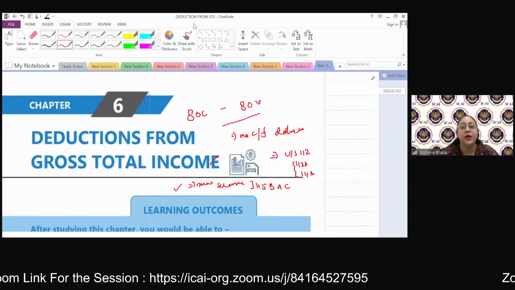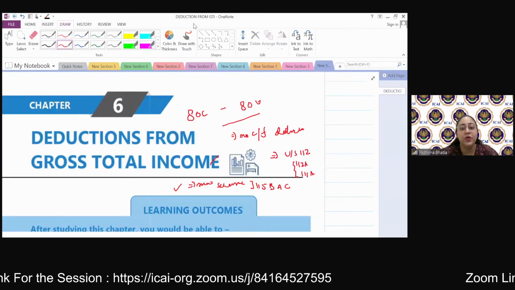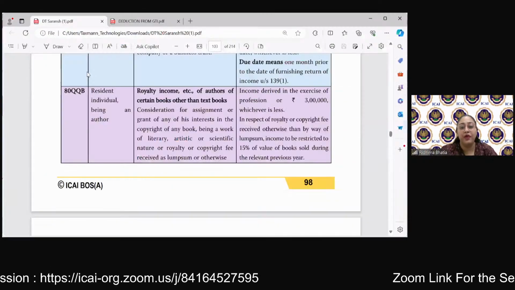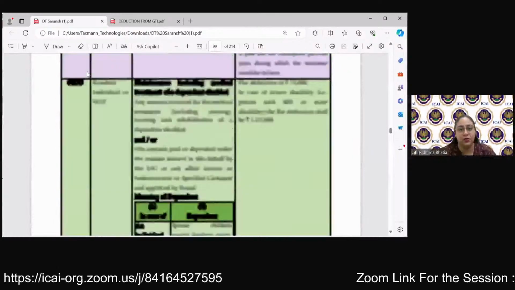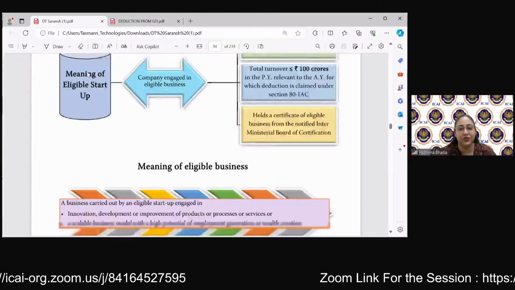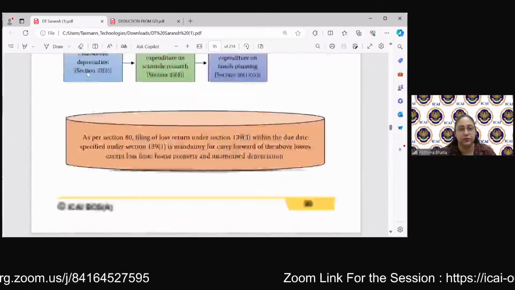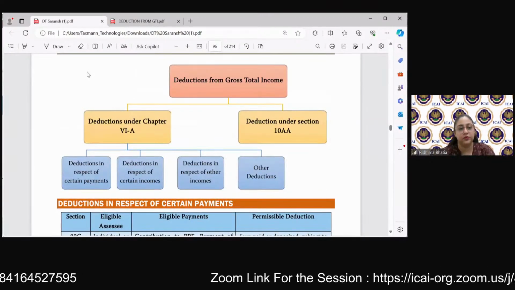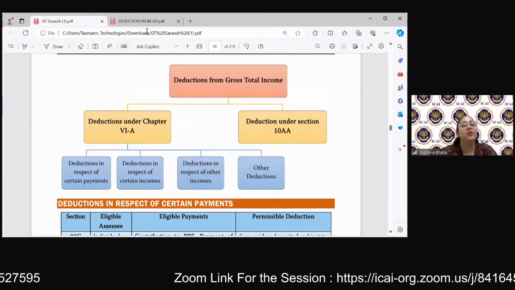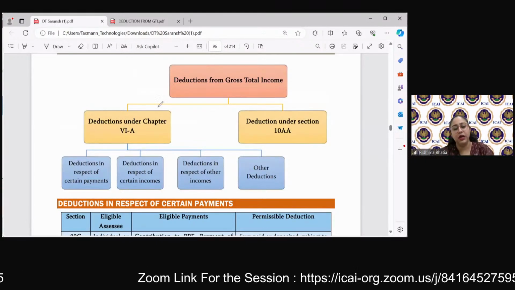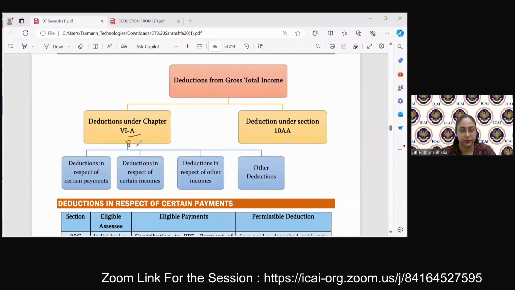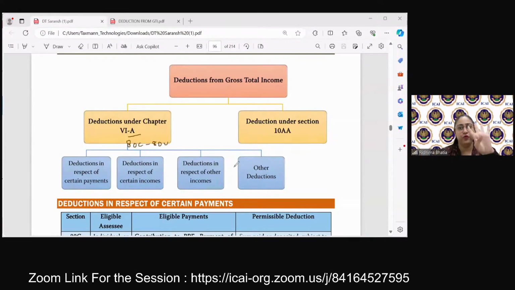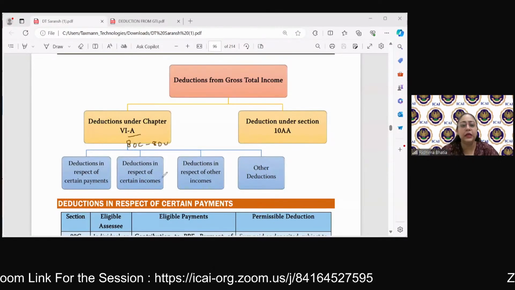I hope these basic questions you will always remember when I talk about deductions. Apart from that, you have to remember that your entire deduction section, understanding Chapter 6A, 80C to 80U, is categorized into 4 different types of category.